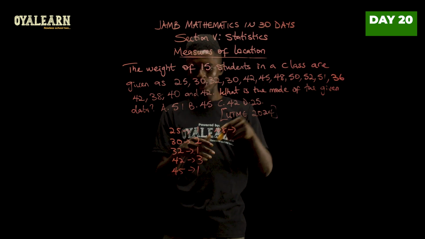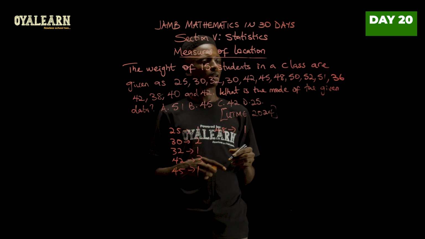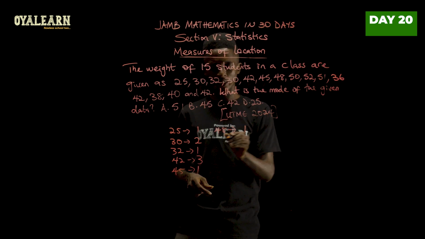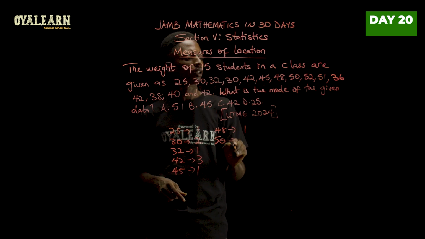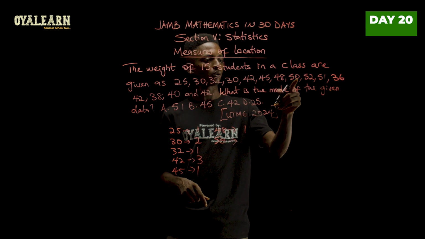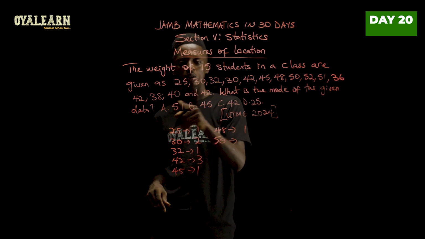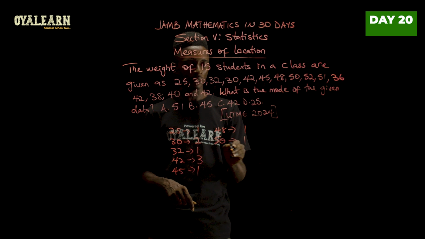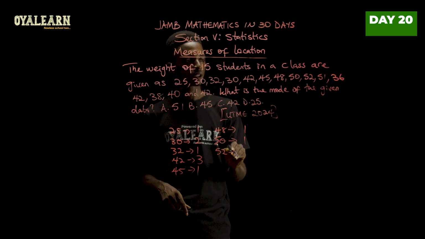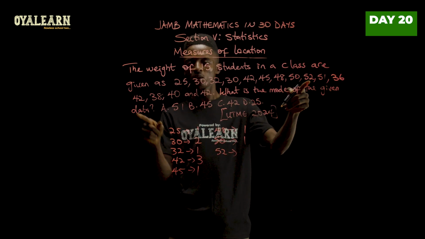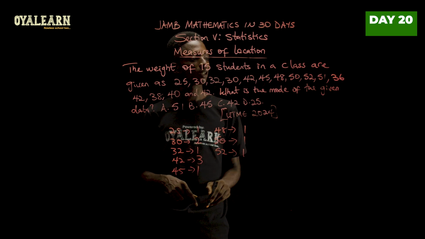So that's it. Now we have 50. 50 occurs 1 time. Then 52, which occurs also once.